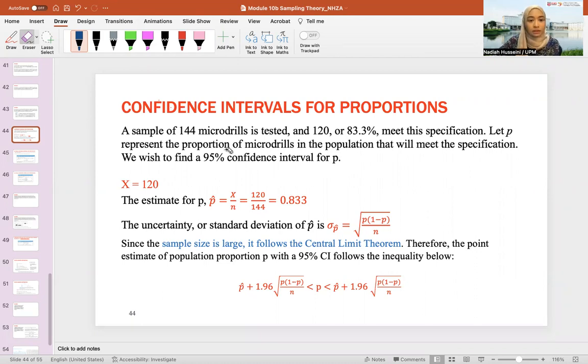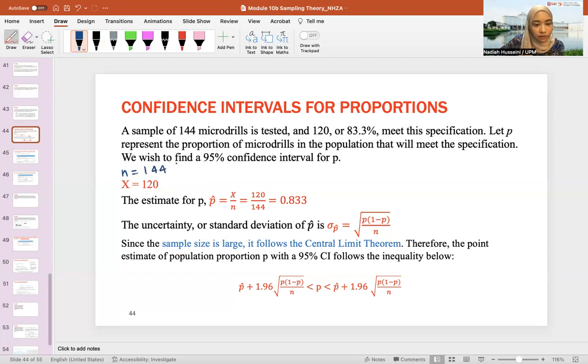So P is the proportion in the population. This is our sample, this is n. And 120, or the 83.3%, is our probability. This is our P. So the estimate for x is 120. Let me write that. n is 144.